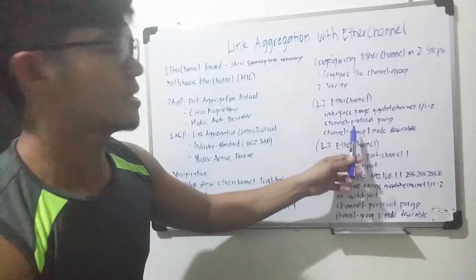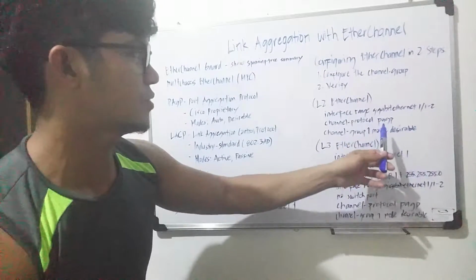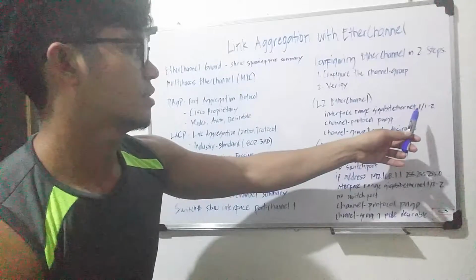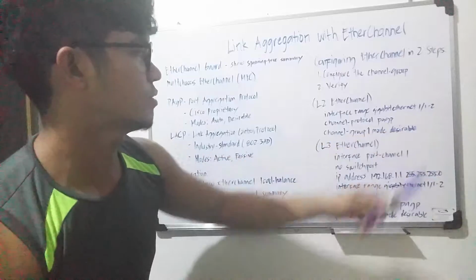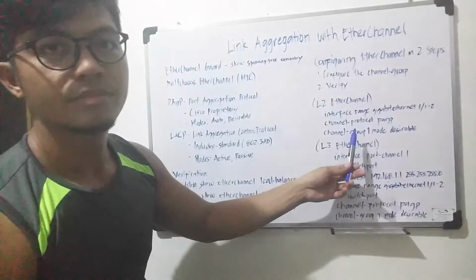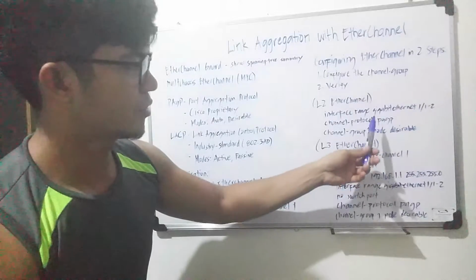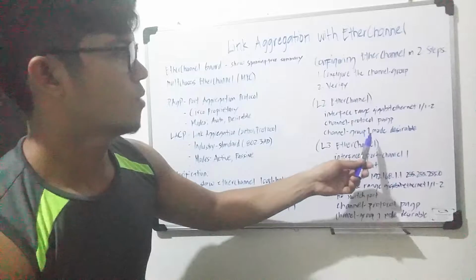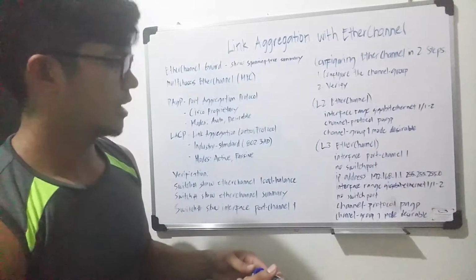You just have to be in the interface range gigabit, in this case GigabitEthernet 1/1-2, the range, and specify the protocol, in this case PAgP, and channel-group 1 mode desirable, and that's it.